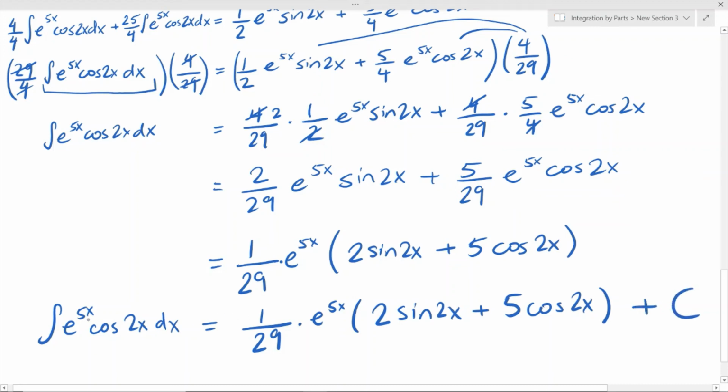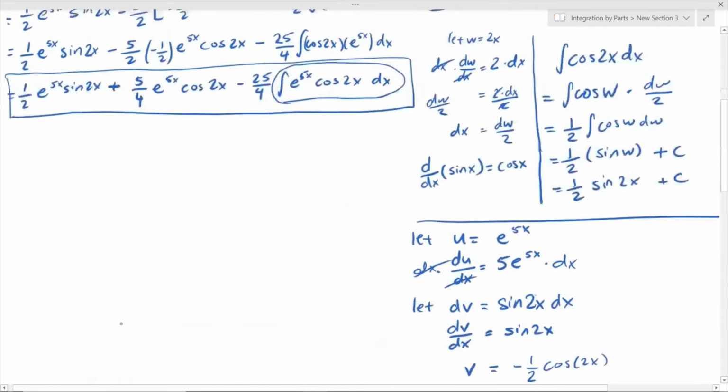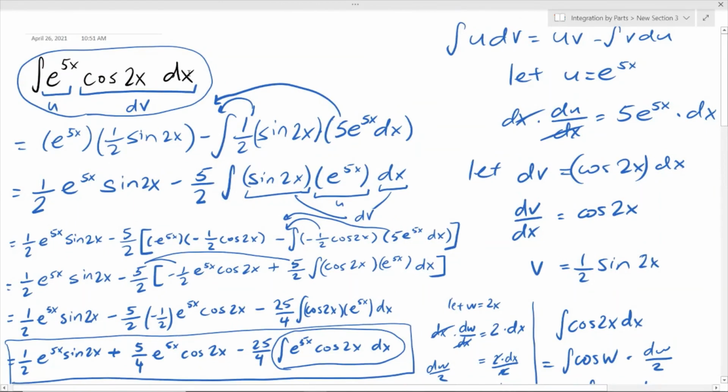We need the arbitrary constant because we are integrating this expression. So thus, this here answers the original question.